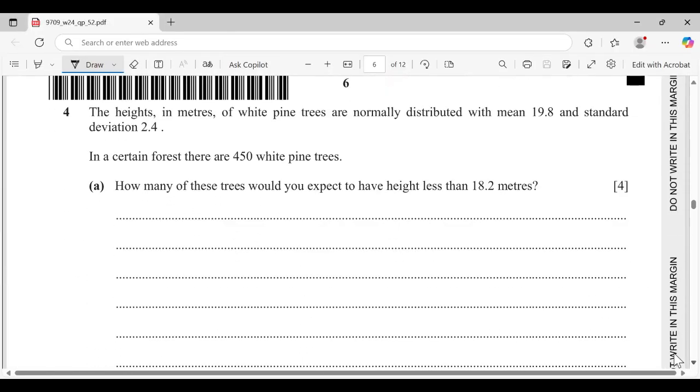Number 4. The height in meters of white pine trees is normally distributed with mean 19.8 and standard deviation 2.4. In a certain forest, there are 450 white pine trees. How many of these trees would you expect to have height less than 18.2 meters?